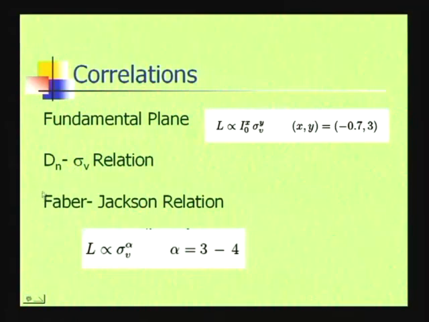So this is the diameter of the galaxy defined in some way, such that the mean surface brightness has a particular threshold value. For the right choice of the threshold value, there is a relation between this diameter of the galaxy and the velocity dispersion.